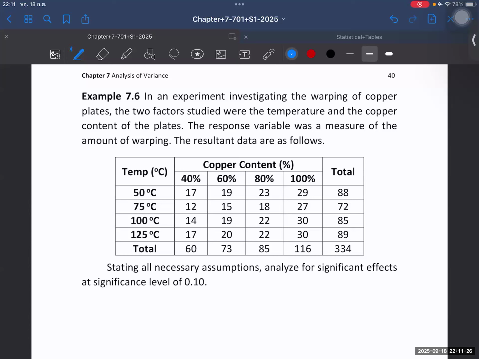Okay, so we set all necessary assumptions and analyze the significant effect at the significance level. For this example, we only investigate among the treatment by the copper. Now we have the copper content percentage and the temperature. So this is the treatment and this is the block right now.